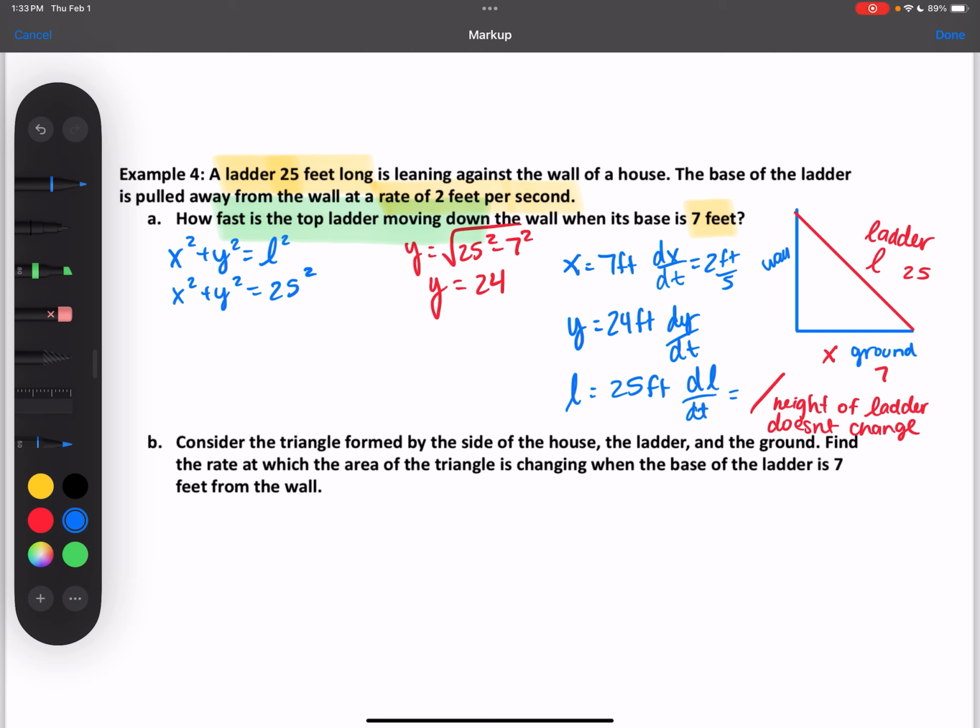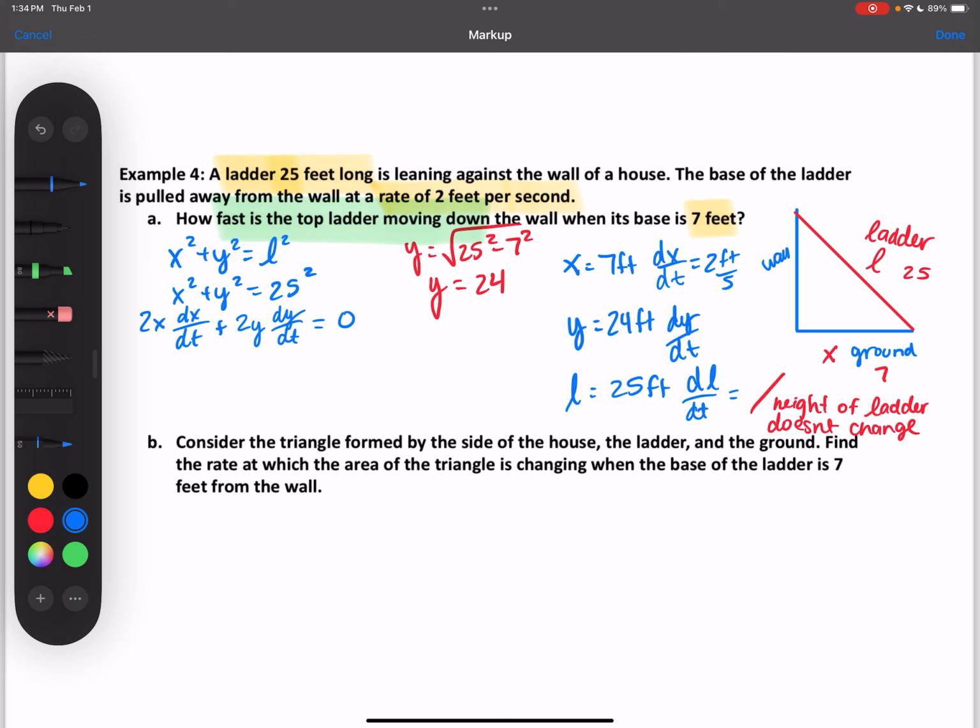This is why it was important that we notice that it didn't change. So now, taking the derivative, what do I get? You get 2x dx/dt plus 2y dy/dt equals 625. I mean, never mind. 0.